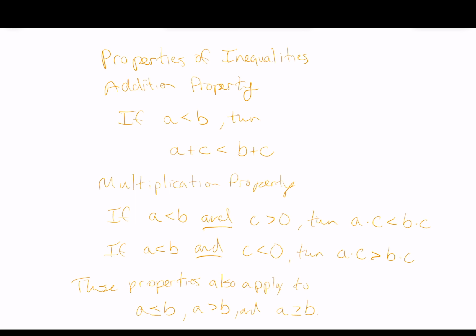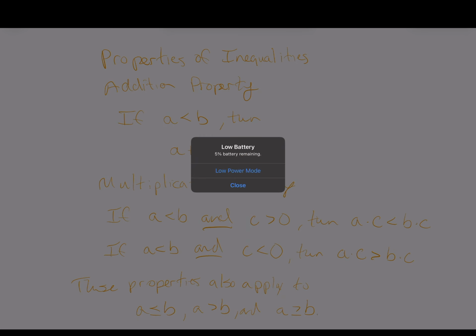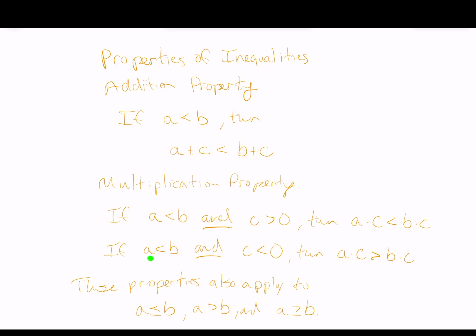It's always true that if we have A less than B, A plus C is less than B plus C. That's always true for the addition property. And then we have conditions on what we're multiplying by that determines whether the sign stays the same or whether it changes because of a negative. Let's consider some examples.